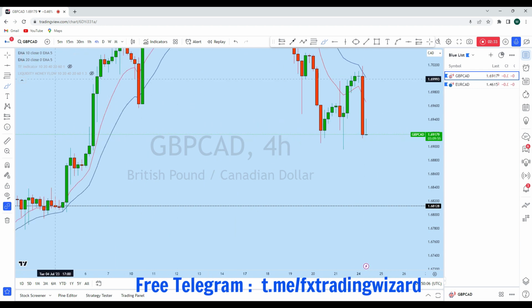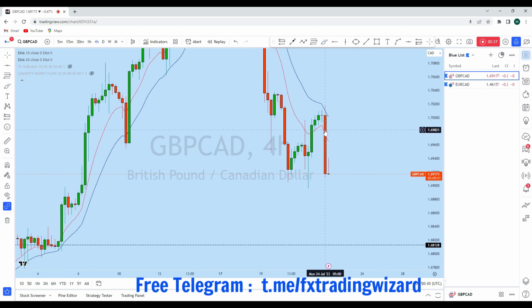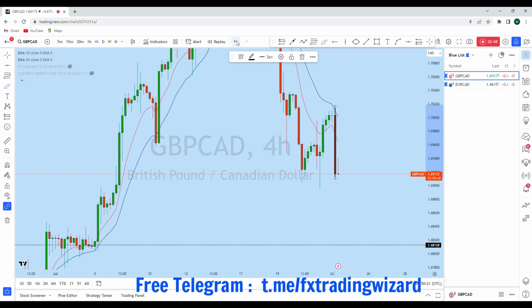Now from the lower time frame, we can see that there is a 20 EMA retest, and we have entered a sell trade from this zone, which is still running in profit. As you can see, this candle closed as a long bearish candle. Currently this current session's candle, after testing a little bit to the upside, the price is rejecting, which means we can expect further downside on GBPCAD.